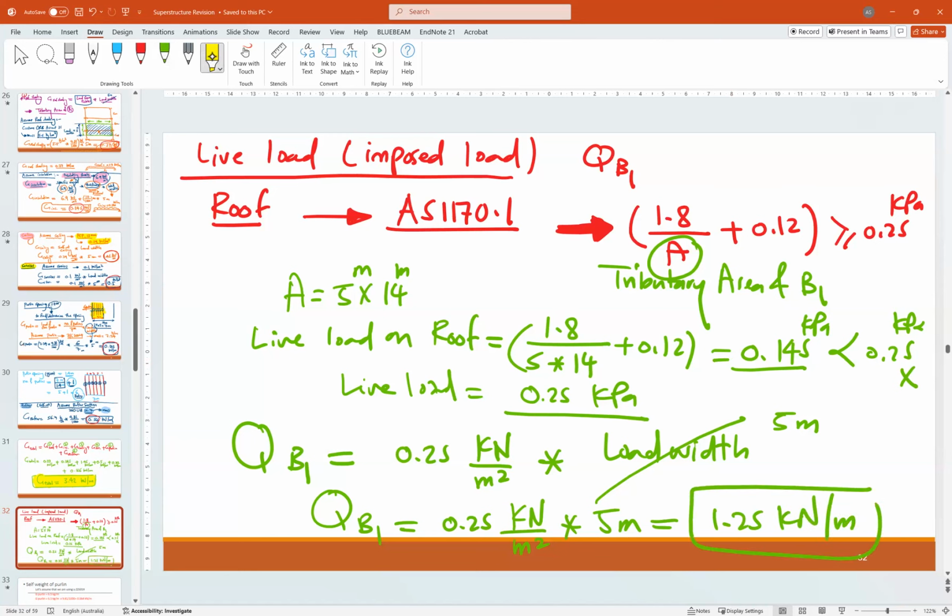So the live load on the rafter is 1.25 kilonewton per meter. Okay. Any question about the dead load and live load?